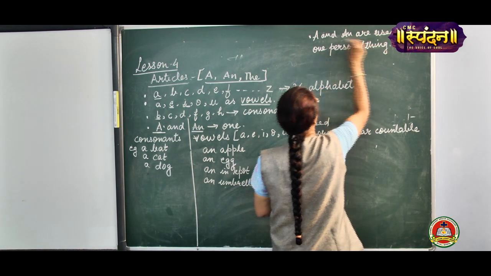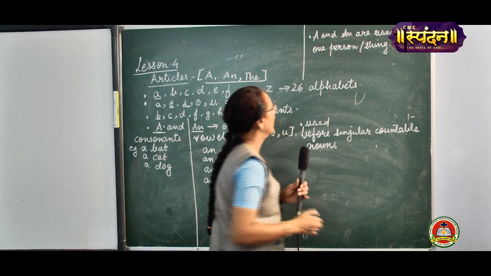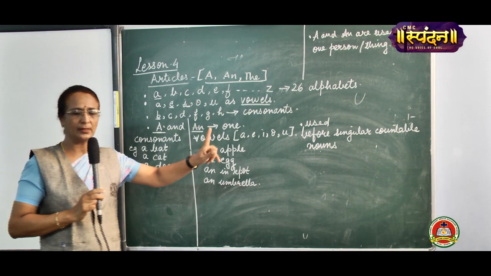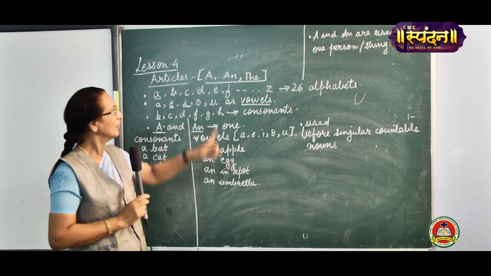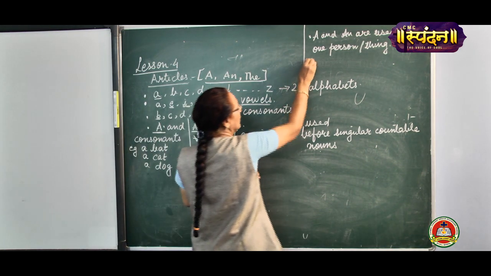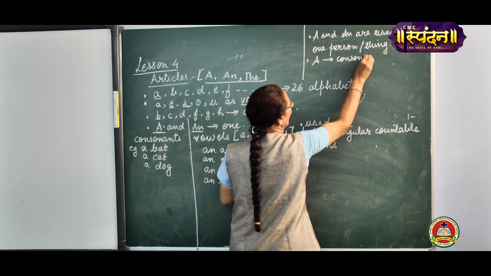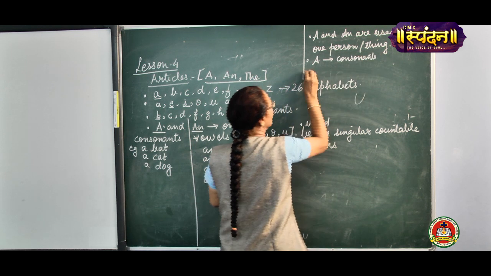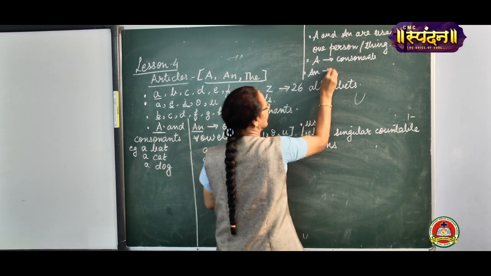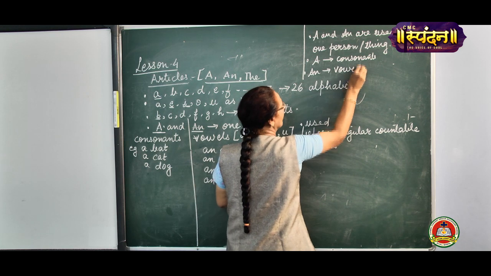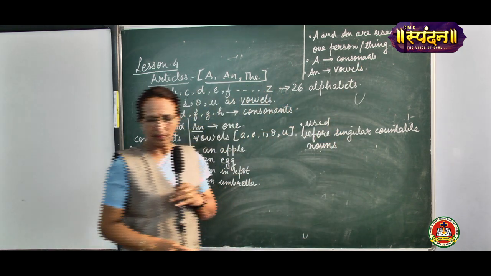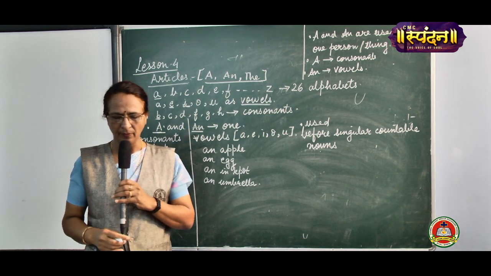Is that clear, children? It is used before one person or thing. As you have come to know, a is used for consonants and an is used before vowels. Is this clear to all of you?